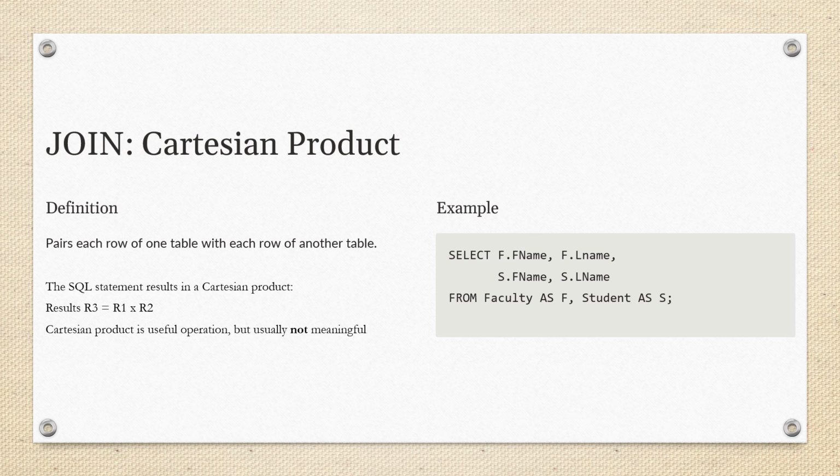For example, if we select first name, last name from faculty and student, this will pair every faculty member with every student, creating a massive data set, often unintentionally due to a missing join condition. So we have to avoid this kind of Cartesian product unless it's needed. Always use a join condition to prevent unintended row explosion.